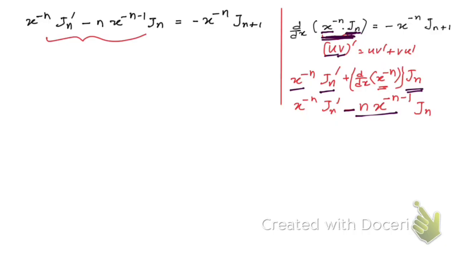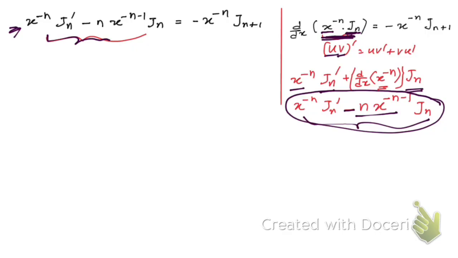So this result is the left hand side of this equation, which is the derivative of x to the power minus n into Jn.